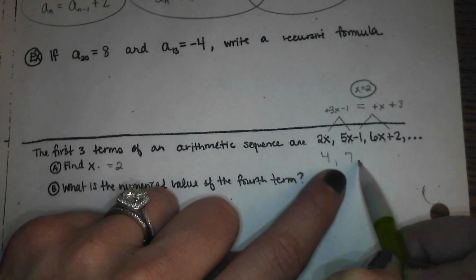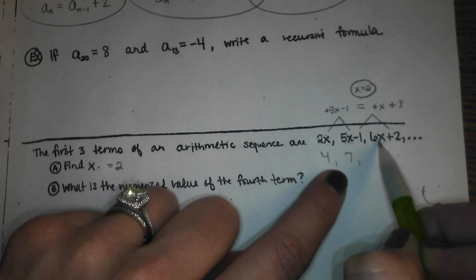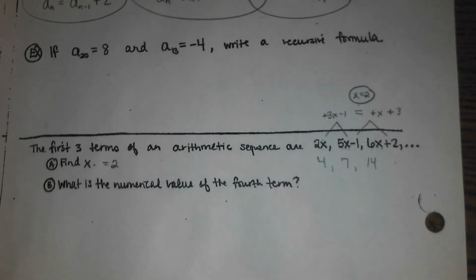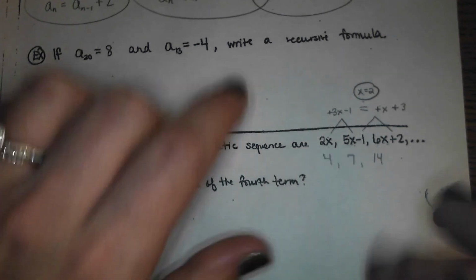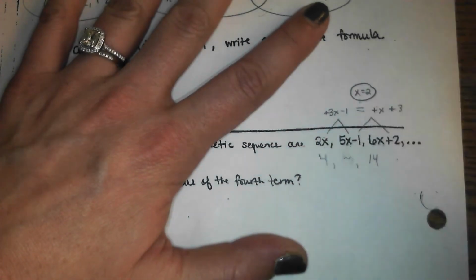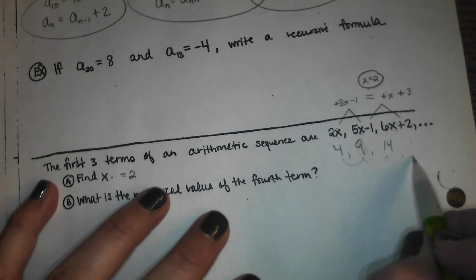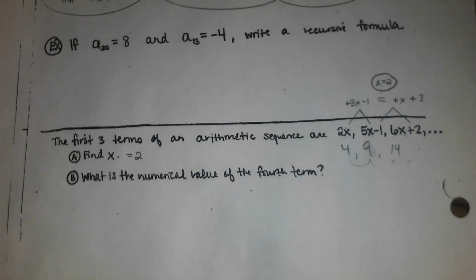Hold on. 6 times 2 is 12. 12 plus 2 is... Did I do something wrong? This one was 9? Oh, yeah. So what am I adding each time? 5. And then you could go on and find the fourth term.